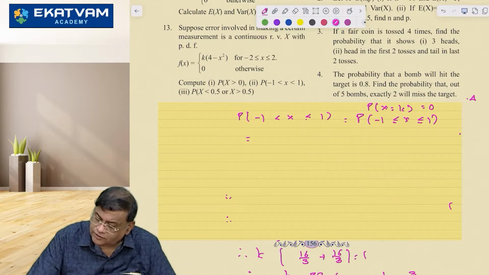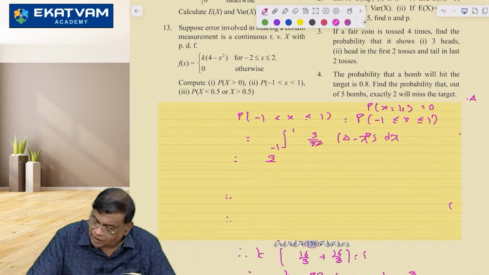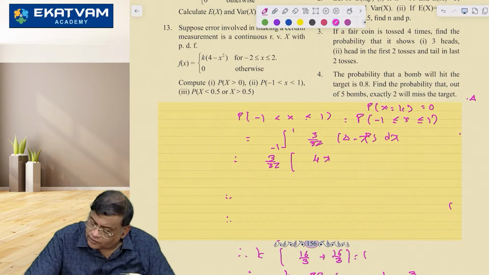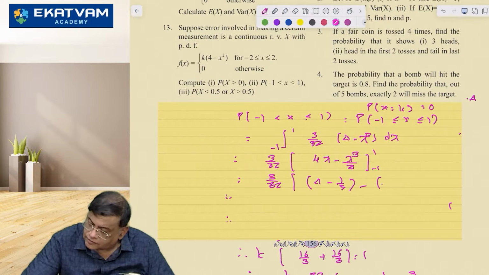And therefore this is going to be minus 1 to 1, 3 by 32 into 4 minus x square, that into dx. So 3 by 32 into bracket, it will be 4x minus x cube by 3 from minus 1 to 1, which is 3 by 32 into 4 minus 1 by 3 minus minus 4 plus 1 by 3.